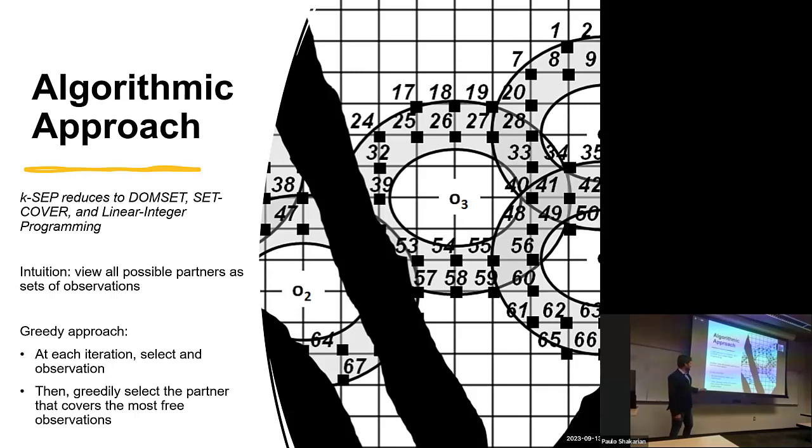But at the end of the day, they were still all combinatorial algorithms with approximation ratios and so on. The greedy approach, at each iteration, selects an observation, then selects a partner point for that observation that covers the most observations not yet covered. That's the simplest way to do this.